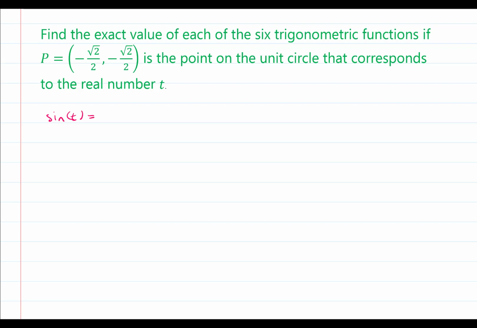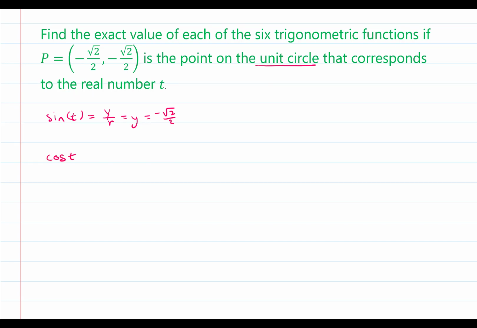And what we know from a prior lesson is that sine of angle t is equal to y over r. But now we know the value of r because it says that this point is the point on the unit circle that corresponds to the real number t, which means that this is equal to the y-coordinate where the terminal side intersects the unit circle, which for this point is negative square root of 2 over 2.